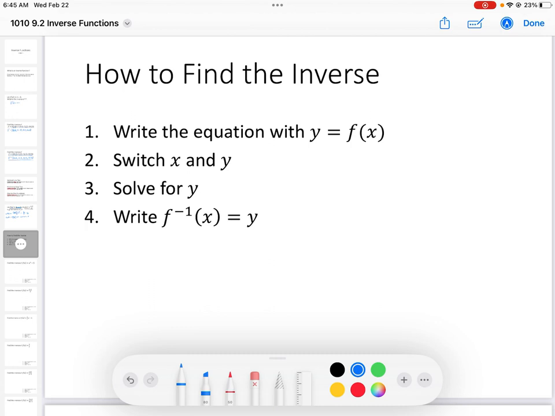The easiest way to write this is to rewrite any f of x as a y, because usually we will graph the outputs of a function on the y-axis. So replace the f of x with a y, just so that you don't have multiple things to write. Then you'll switch the inputs and the outputs, or in other words, switch the x and the y, and then you'll solve for y. And when you find that new equation, that will be your inverse function.